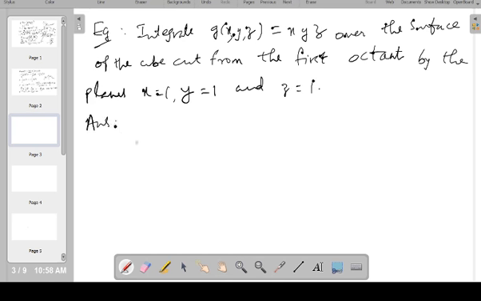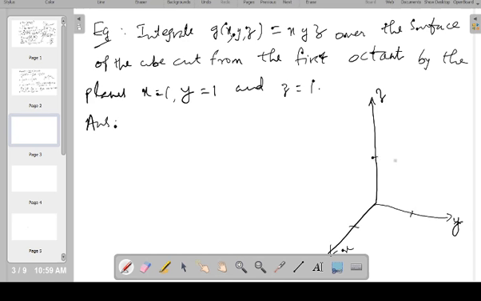So what does the problem say? First you have a cube in the first octant. This is x, this is y, this is z. x equal to 1 is here, y equal to 1 is here, z equal to 1 is here.